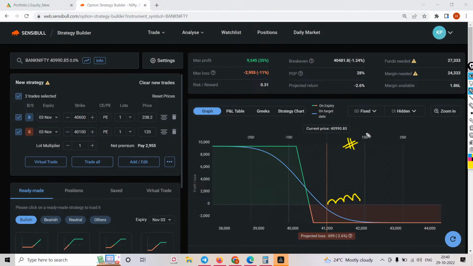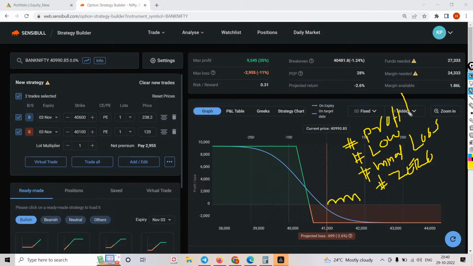To come up with profit, or with low loss, or minimal loss? Tell me, this is very important. With profit, low loss, minimal loss, or zero loss?